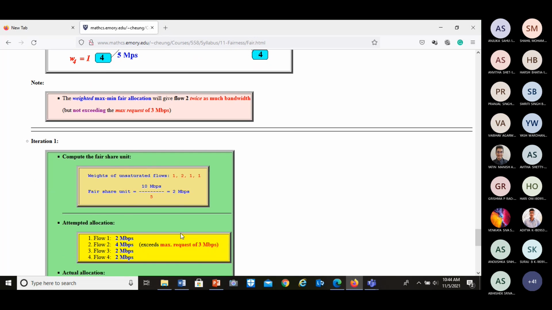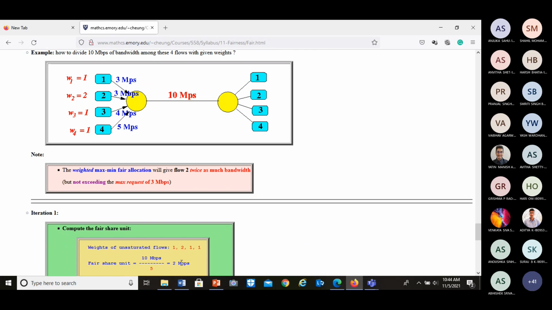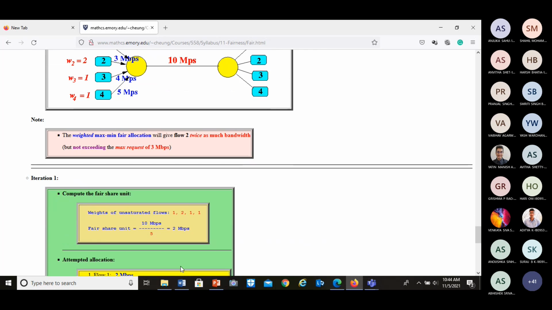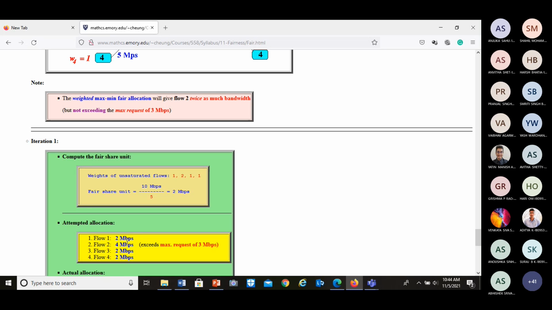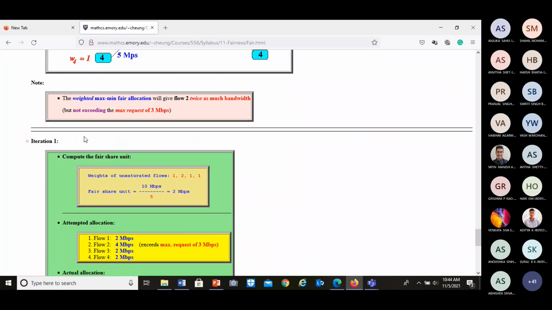For the first flow the weight is 1, so he will get 2 mbps. For the second user the weight is 2, so 2 times that, he will get 4 mbps. The other two users, 3 and 4, will get 2 mbps and 2 mbps.